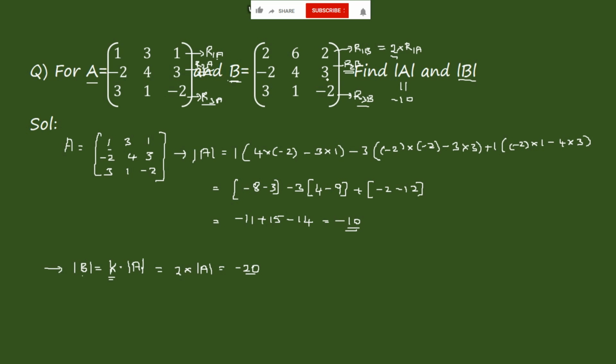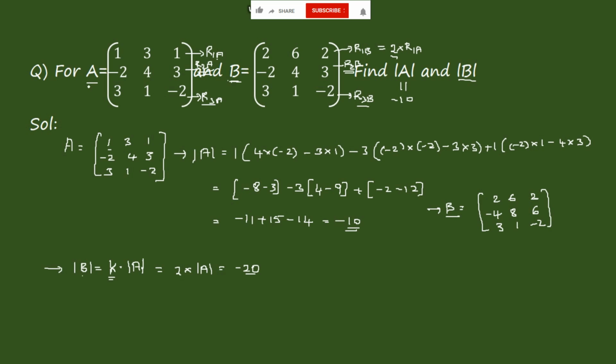Similarly, consider that matrix B is [2, 6, 2; -4, 8, 6; 3, 1, -2].